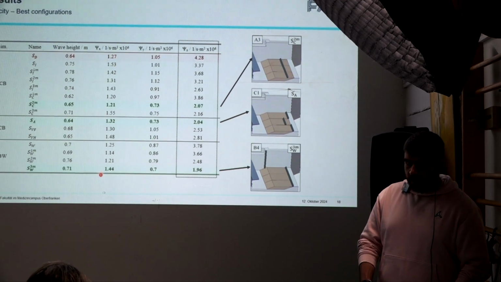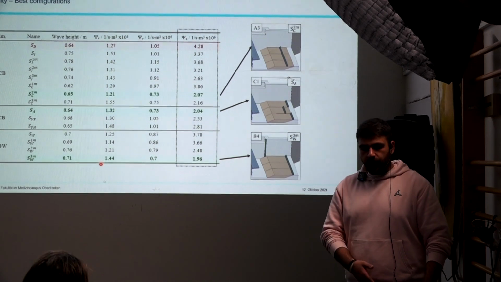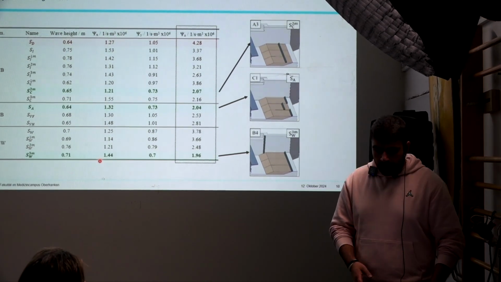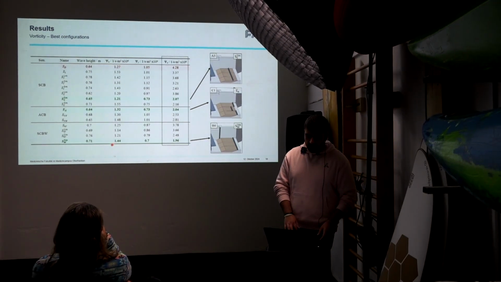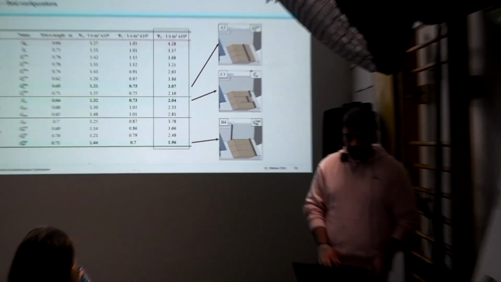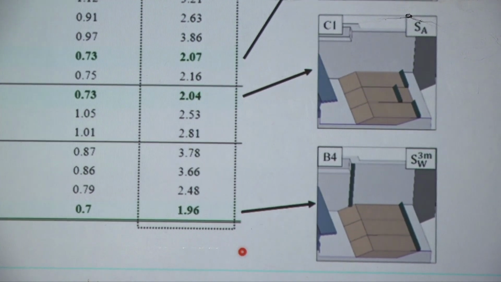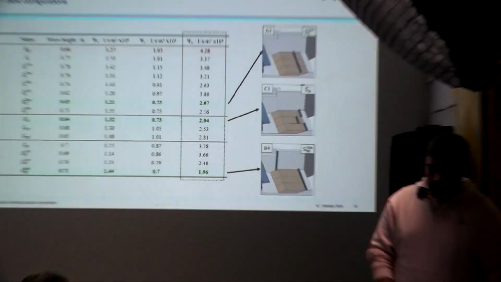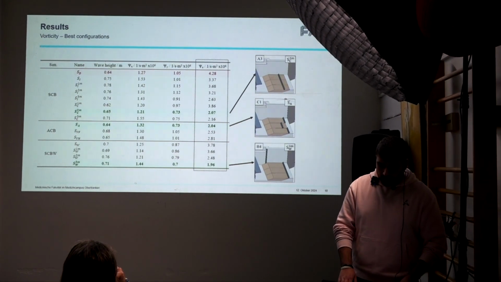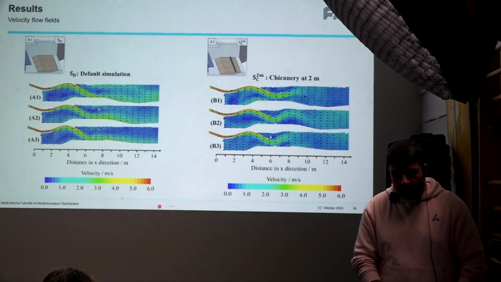This is important as a higher wave provides a larger surface area for surfing, but we can also see that the vorticity value in z direction was reduced by over 50% in all of our top 3 configurations. So I will now explain this in more detail, showing you the result of the flow fields.